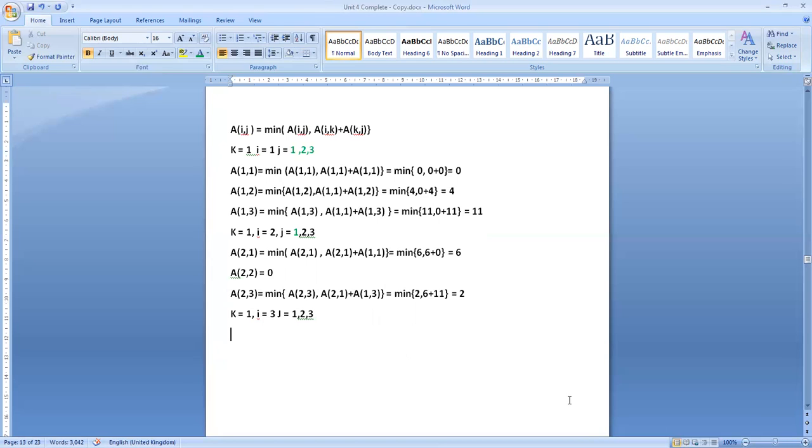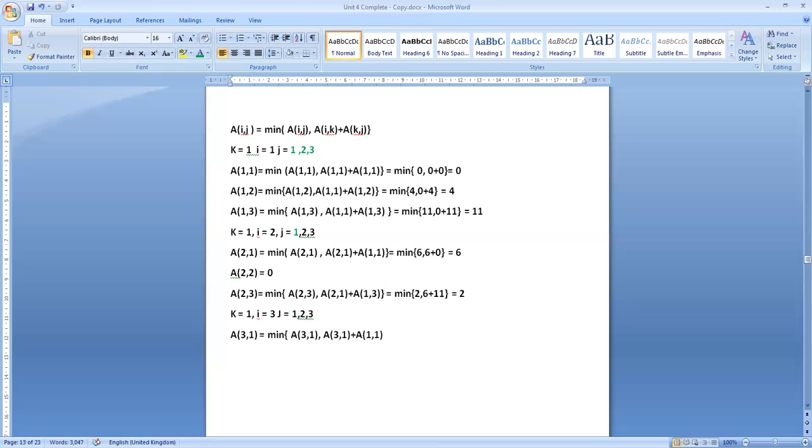So a of I comma j, I is equal to 3, j is equal to 1. A of 3 comma 1 is equal to minimum of a of I comma j, I is equal to 3, j is equal to 1, plus a of I comma k, I is equal to 3, k is equal to 1, plus a of k comma j, k is equal to 1, j is equal to 1.